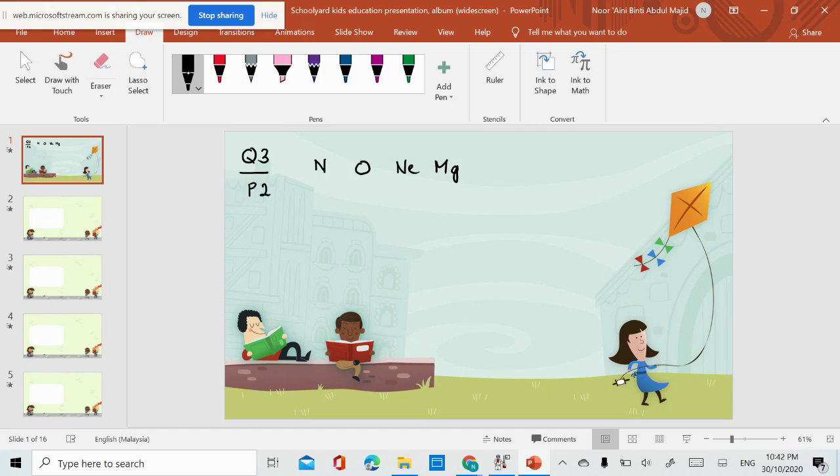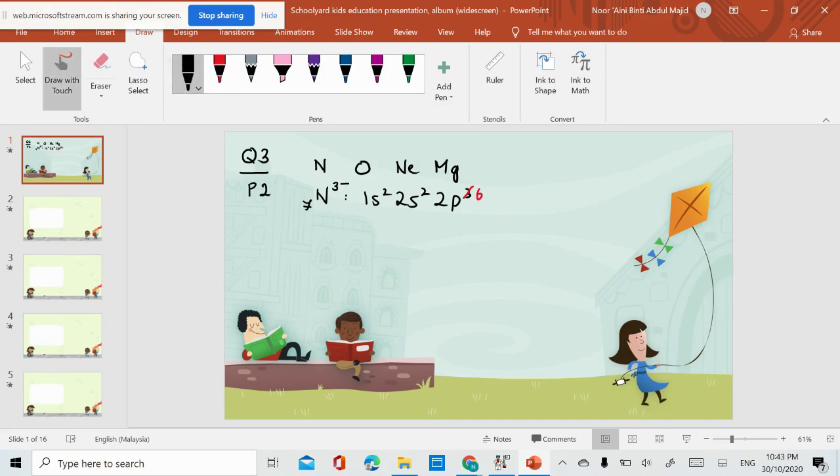Nitrogen has 7 electrons, 1s2, 2s2, and 2p3. When it forms ion, nitrogen needs 3 more electrons and it will form N3 minus, in which the configuration here will become 2p6.